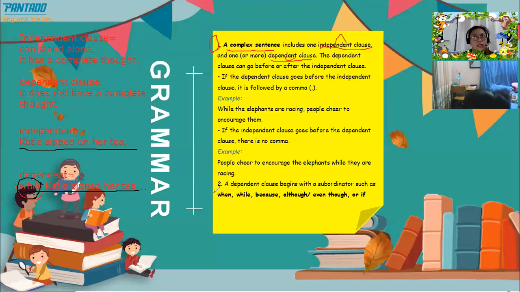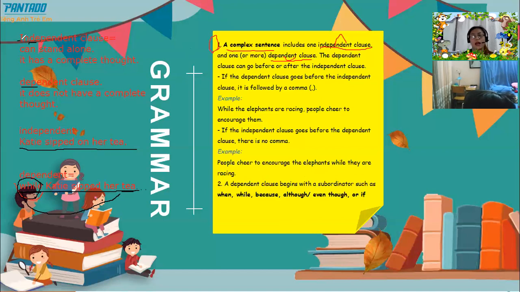It seems like something is happening, right? Yes. While she was doing that action, which is not stated after the word tea. That is the reason why this sentence looks incomplete. Are we clear with independent and dependent clause?